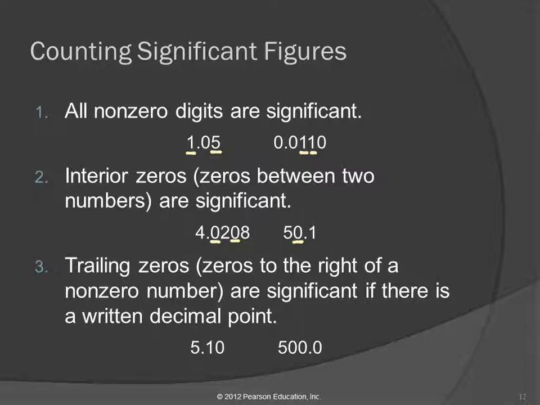We read from left to right, so the number's like a train, and the ones at the end, sometimes these are significant and sometimes they're not. These are the fun ones. If there is a decimal point written in the number, those zeros are significant. So 5.10, that's a trailing 0. There's the decimal point. That makes all the trailing zeros significant.